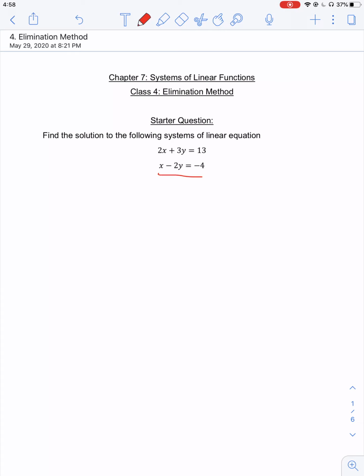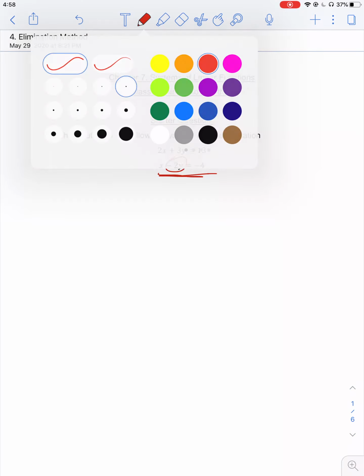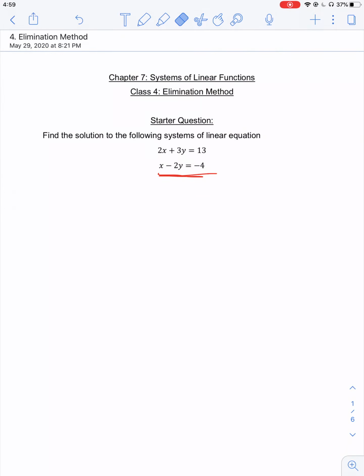In this equation in red, if I solve for x, all I need to do is get rid of this minus 2y, and you can do that by adding 2y on both sides, right? So plus 2y and plus 2y, and this will disappear. This would just become x equals 2y minus 4.